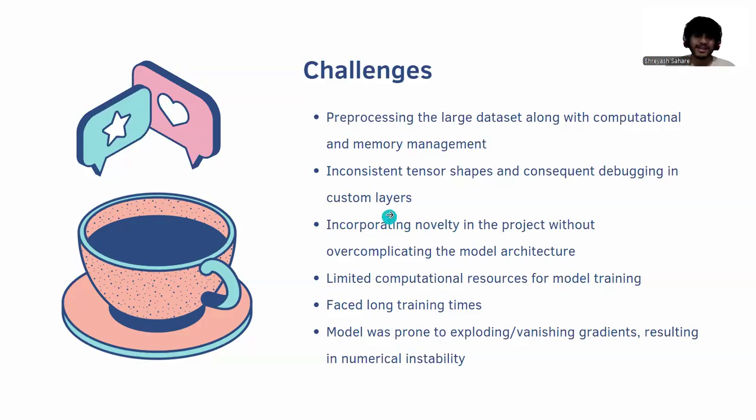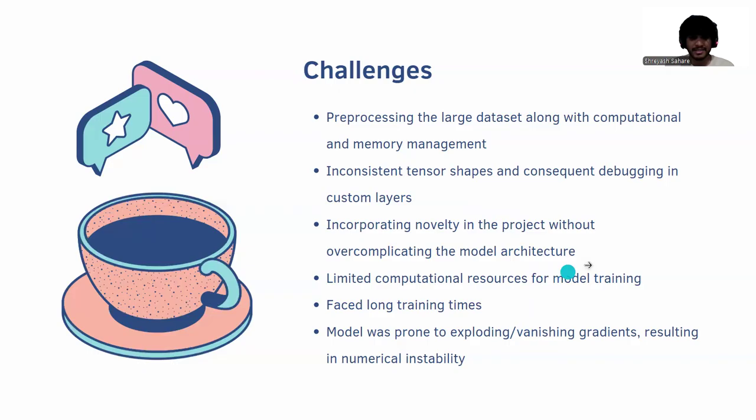Also, I was challenged with inconsistent tensor shapes, and it resulted in consequent debugging in the custom layers. I also incorporated novelty in the project without overcomplicating the model structure, because ensuring proper broadcasting and tensor operations was challenging due to dynamic computations like attention scores. So extensive testing and visualization of intermediate outputs was crucial for debugging this layer.